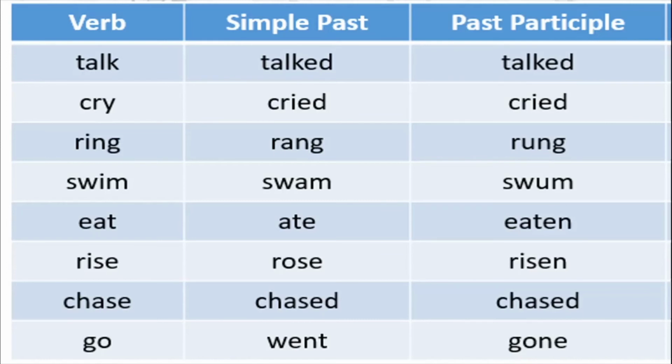So see, talked, when you use it in the simple past, you will say Raj talked to Ram today. Simple past tense. He talked to Ram today. Finished. He has completed the action. When we talk about simple past tense, it means the action has been completed, finished and over.